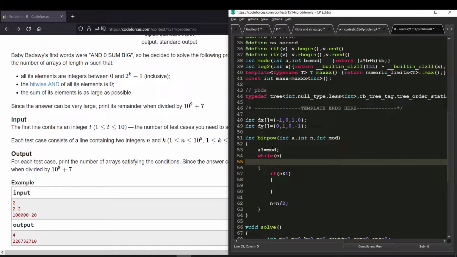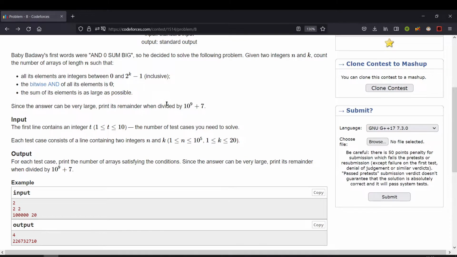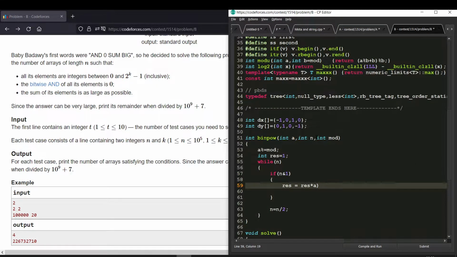So we'll be adding some variables. Result is equal to result into a, and we have to take the modulo along with that. Modulo is 10 to the power 9 plus 7. I did not give this parameter, just give this parameter.